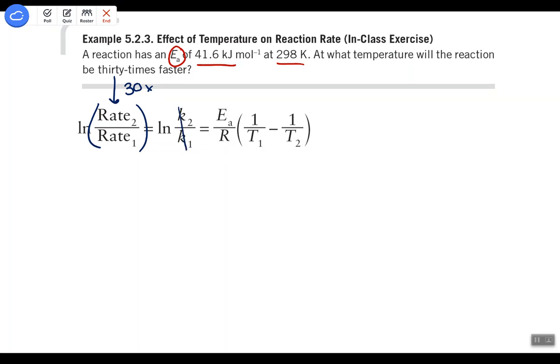Doesn't matter what the specific rate constants are at this point, because I'm told the activation energy. I always know what the gas constant is. I know for experiment 1, my temperature is 298 Kelvin, and I want to predict what temperature I need to use to get this reaction even faster.